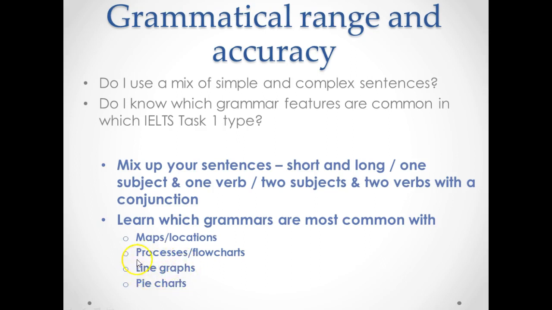Line graphs, if they are over time, you must get your verb tenses right. And pie charts use specific verbs like account for, consist of, made up of. So, as you watch the following videos, you will see lots of good models.